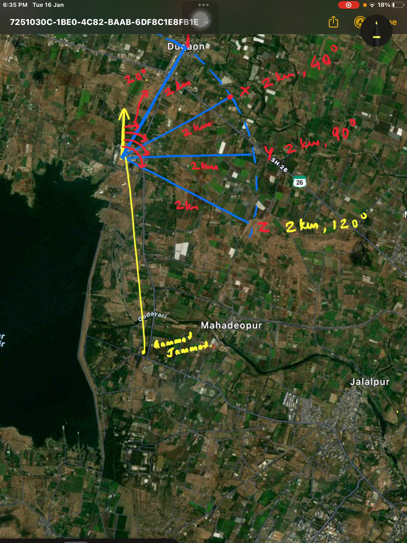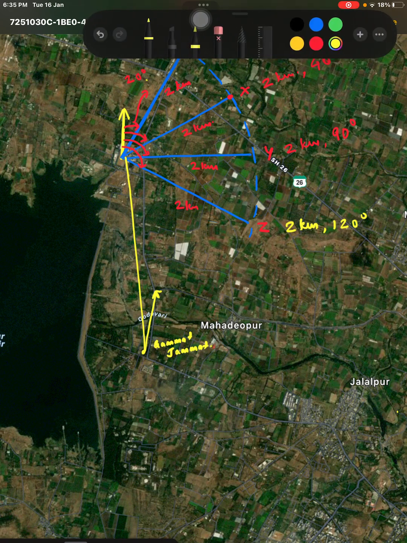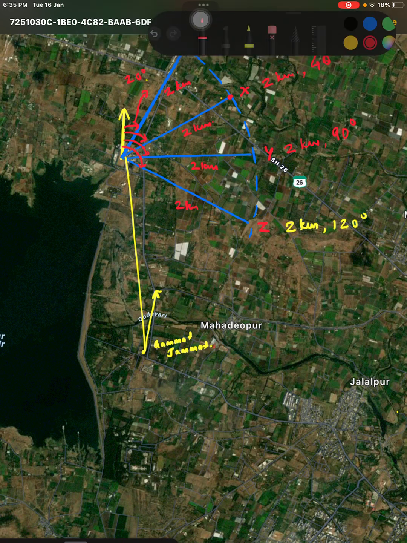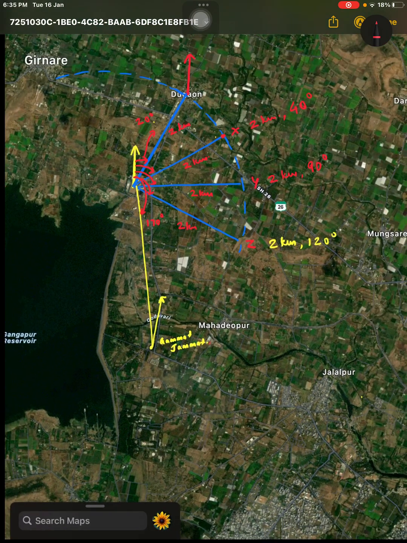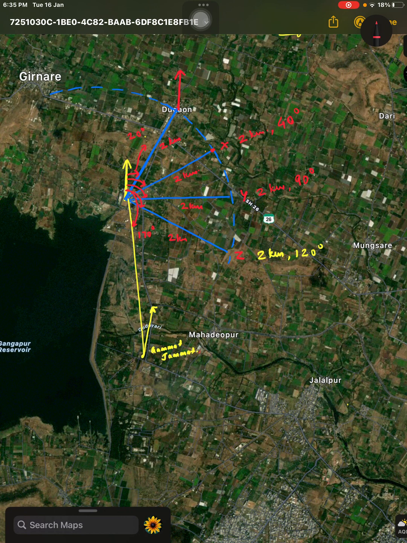So if you look at this now, this is again your north, Gamat Jamat, but your angle is going to be this entire thing. That's close to 180 degrees, so maybe somewhere around 170 degrees. So this is how we measure.